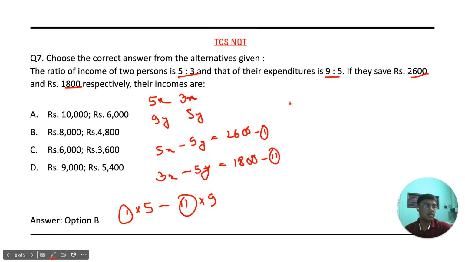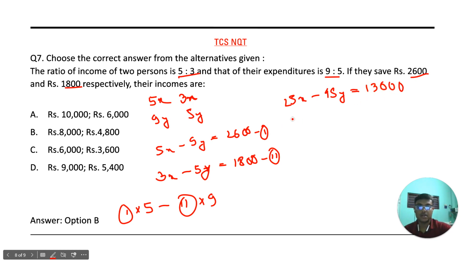So we'll be multiplying 1 by 5. 25x minus 45y is equal to 13000.